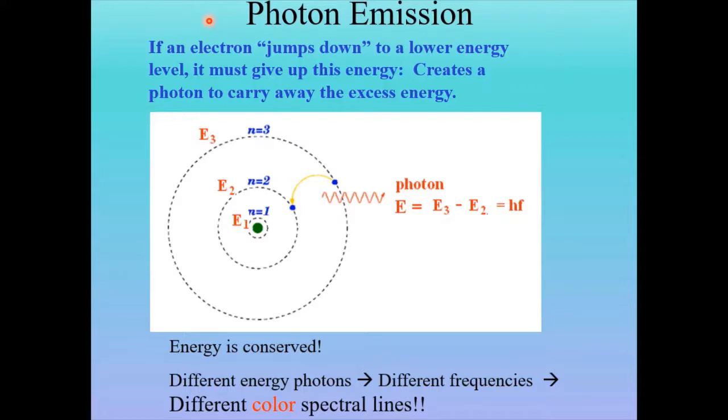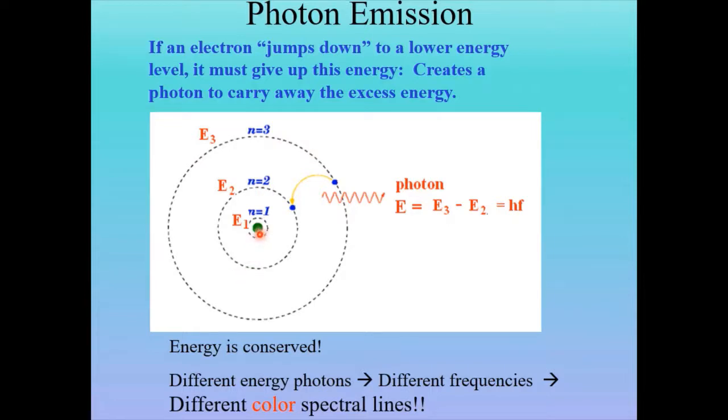Let's look at a process called photon emission. This says that if an electron jumps down to a lower energy level, it must give up this energy. So how does it do this? Well, it creates a photon of light to carry away the excess energy. So let's look at an example. Here again is our Bohr model of the atom.